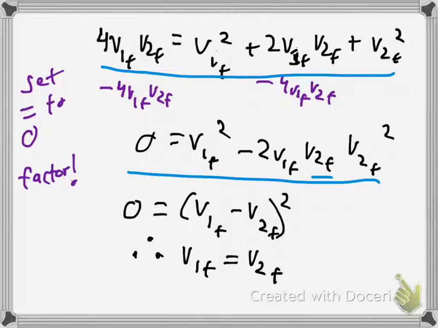I think I forgot a sign. Yep, there should be a plus right here. And so this is V1F minus V2F squared, and that is equal to 0. So now we can prove that they are both equal to each other, because if you subtract them, they equal 0, so therefore they must be the same.